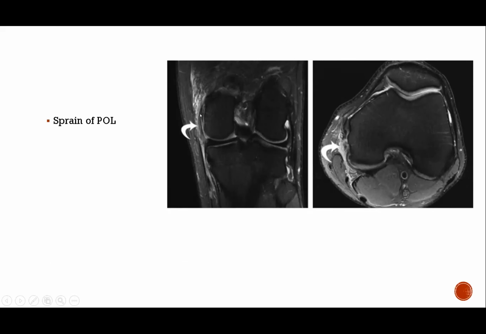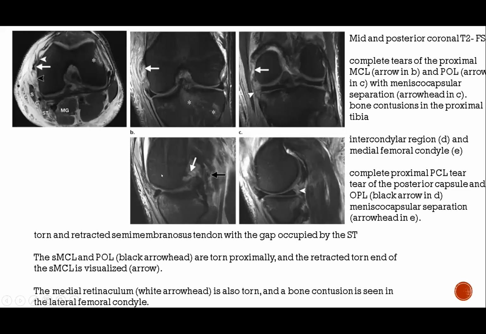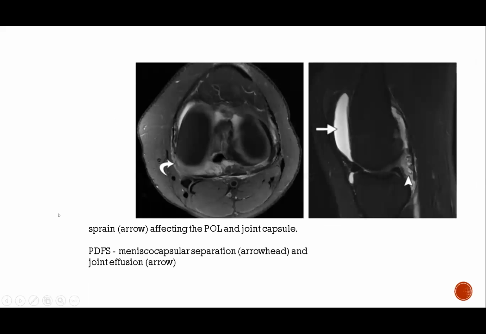So this is sprain. Here, sprain affecting the posterior oblique ligament area and the joint capsule, and this is the proton density fat saturation showing the meniscocapsular separation here, and also joint effusion.